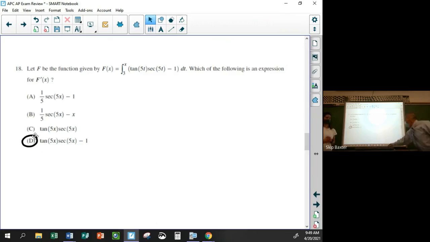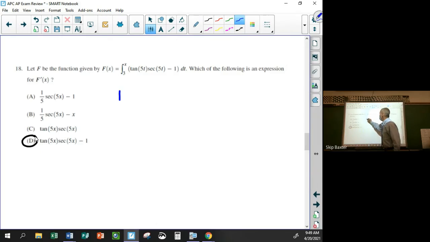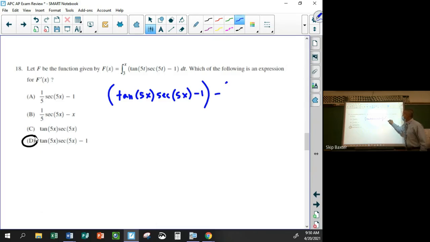It would be tangent 5x secant 5x minus 1 minus tangent 15x secant 15x minus 1 times 5. Chain rule. Times 3, yeah, thanks. Chain rule. That's not an exponent, I just ran out of space.